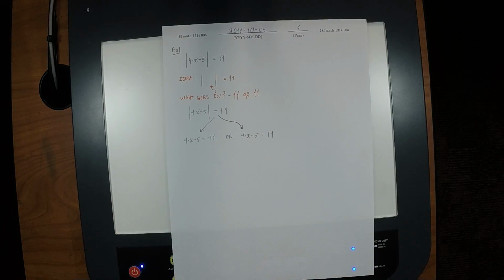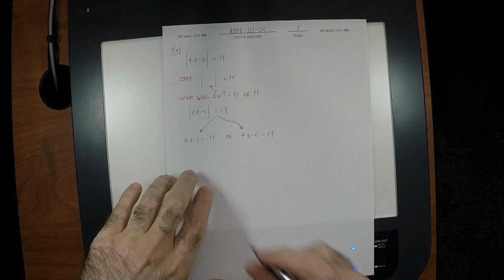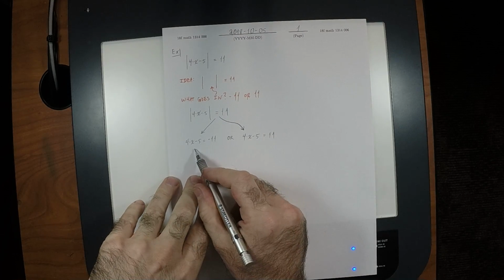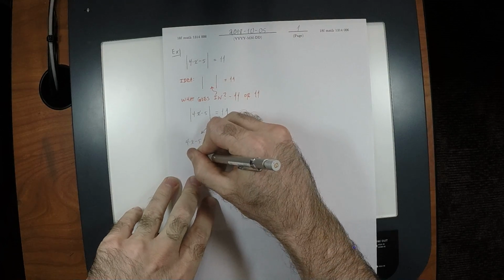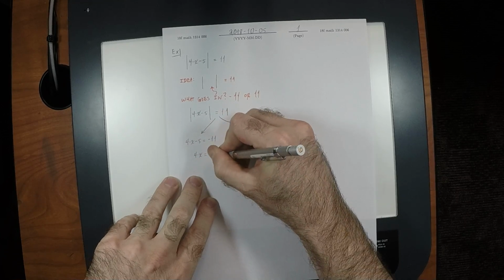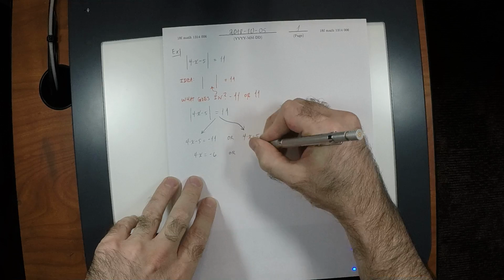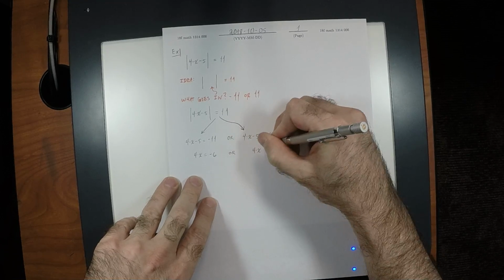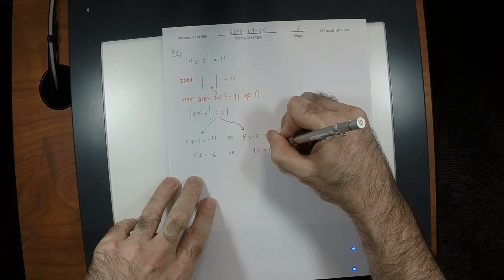All right, so now both of those equations are simpler in the sense that neither one of them has an absolute value, and we can just solve them in the usual way. For the one on the left, we'd have 4x is equal to negative 6. And for the one on the right, 4x is 16.